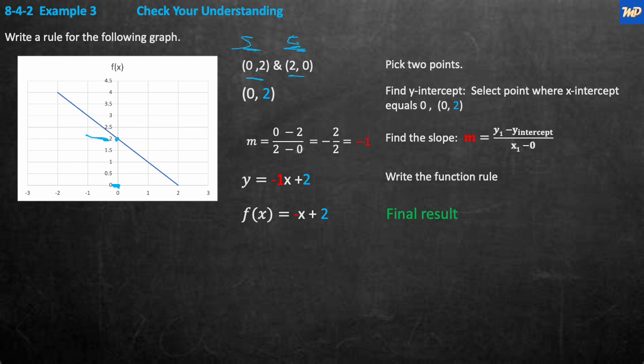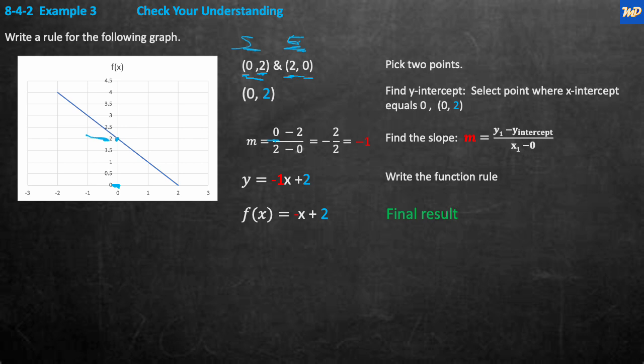So our ending value for y is 0, so 0 minus 2, our starting value for y, over our ending value for x. The ending value for x is 2, minus our starting value for x, which is 0. And when we calculate it, we get minus 2 divided by 2, which is minus 2 over 2, which is minus 1.